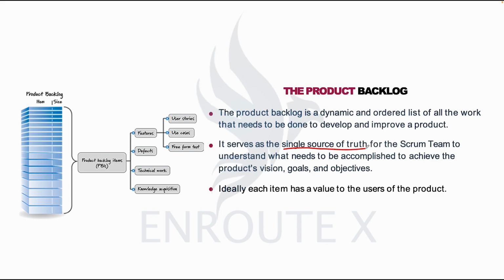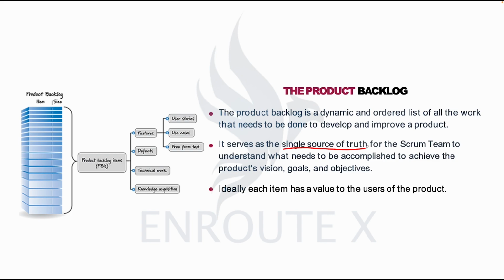Now it becomes a living product backlog because you can add more, you can take some out, you can adjust them. They are flexible. When something is changing, you are adapting to those changes also, right? But at a quick glance, everybody should know this is where the product is heading.